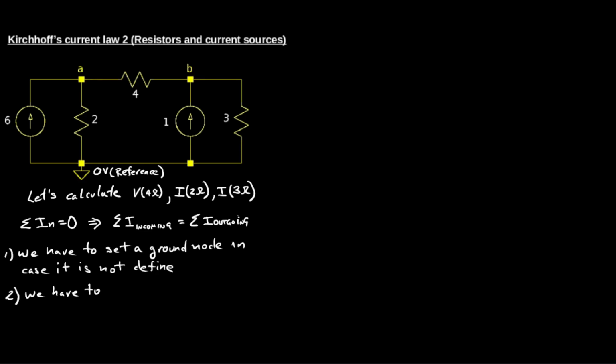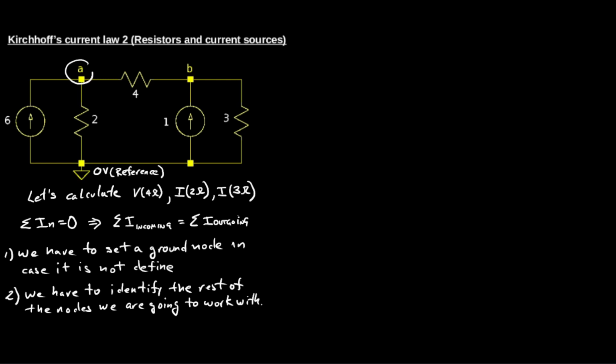After identifying my reference node, I have to identify the rest of the nodes of the circuit. In this case, as I can see on the drawing, there are two more nodes, A and B, from which I'm going to get equations.